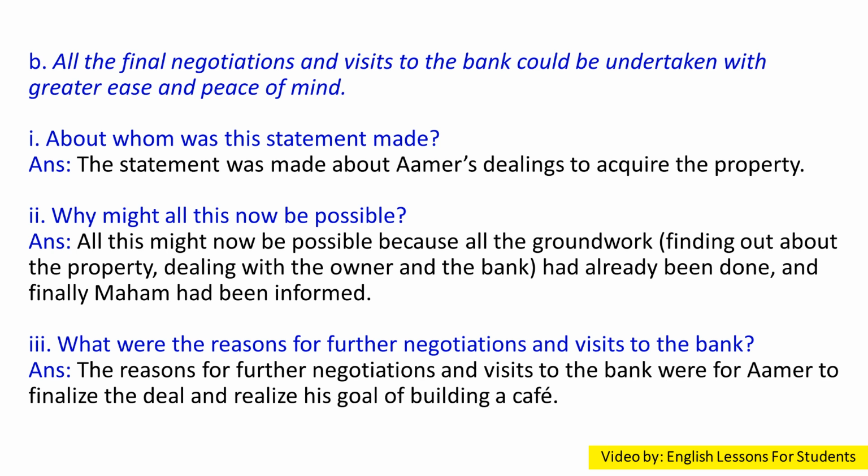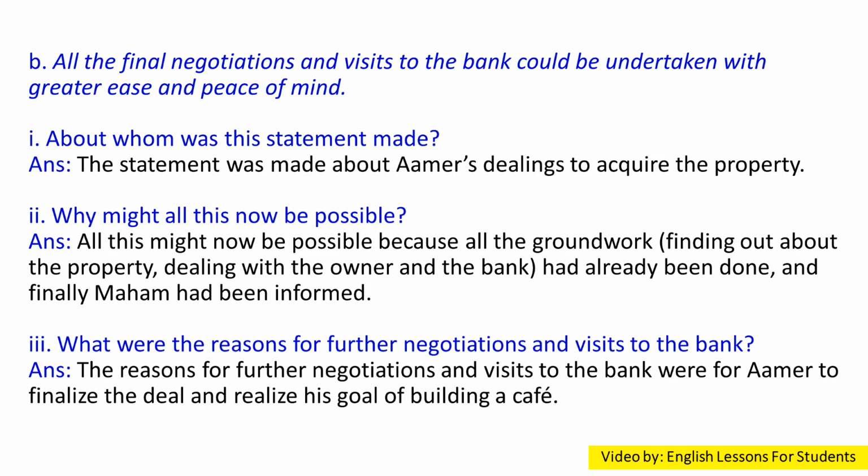B. All the final negotiations and visits to the bank could be undertaken with greater ease and peace of mind. 1. About whom was this statement made? Answer. This statement was made about Aamer's dealings to acquire this property. 2. Why might all this now be possible?